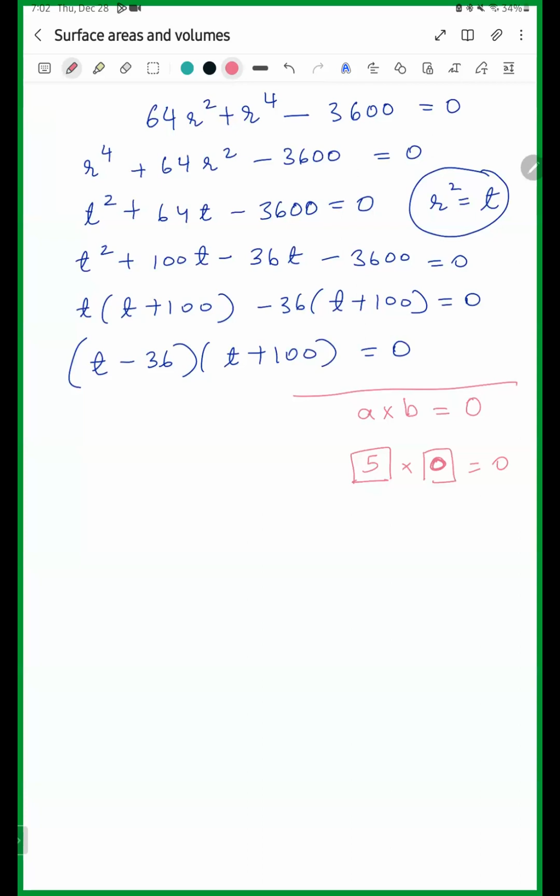Otherwise, you won't be able to get 0 as the answer, right? Or both the numbers could be 0. Then the answer will be 0. So when you have a product of two numbers equal to 0, then either this is equal to 0 or this is equal to 0, right? Again, if A into B is 0, then either A is 0 or B is 0.